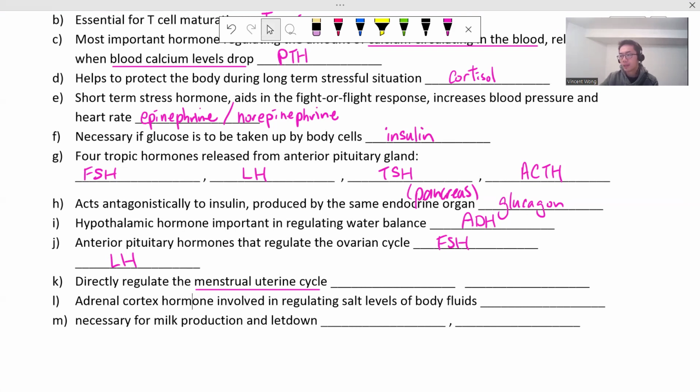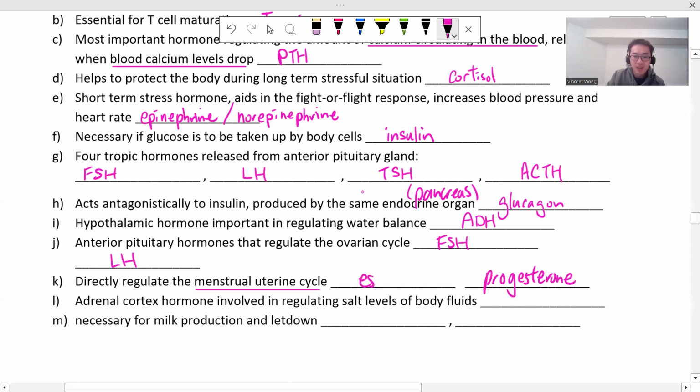Anybody? Progesterone, and I can't remember the other one. Yeah, progesterone is good. Anyone else? Estrogen? Yeah, you remember. Good. Progesterone and estrogen. They both thicken the endometrium.